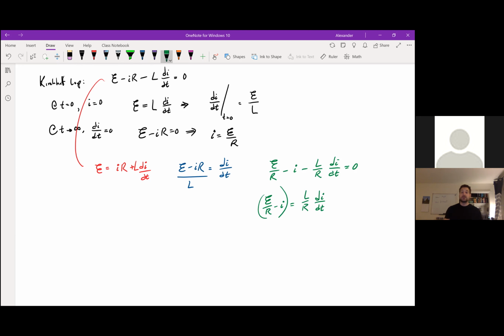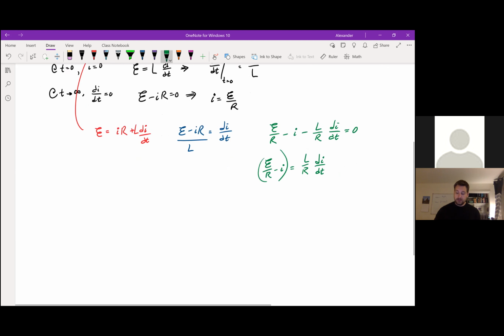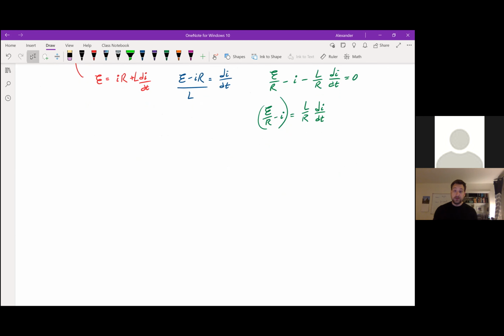EMF and R are just constants, so those can safely be part of the expression. And at this point, I think we can separate variables.